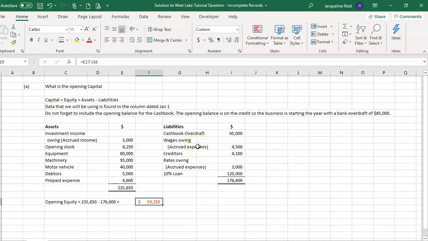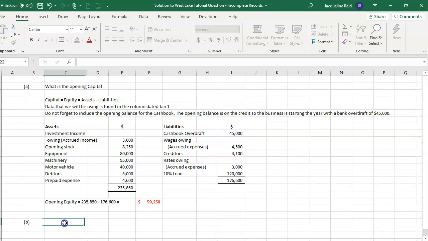Okay, so let us move now to part B of the question. Part B wants you to focus on total sales and total purchases. The term total sales suggests that you're going to have to find a figure for credit sales and a figure for cash sales, and add them together.